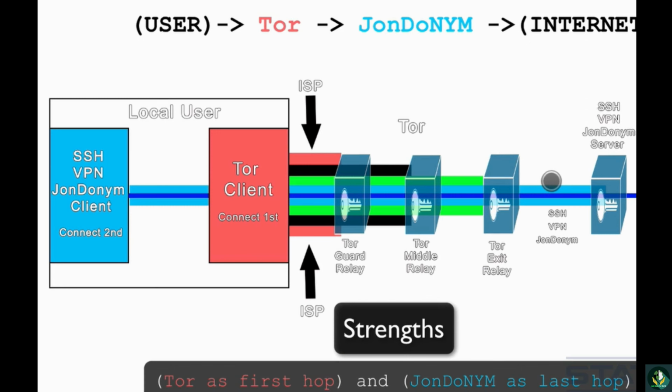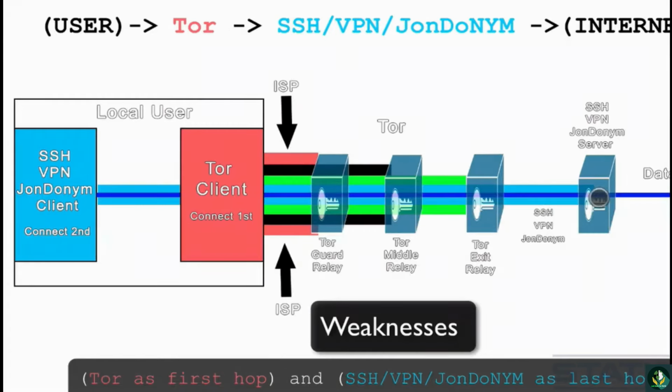If Tor is first and the SSH VPN John Doe server is the last hop, in some cases Tor hides your IP address behind the SSH VPN or John Doe server, which can clarify your IP address and store your data, and Tor fails there.